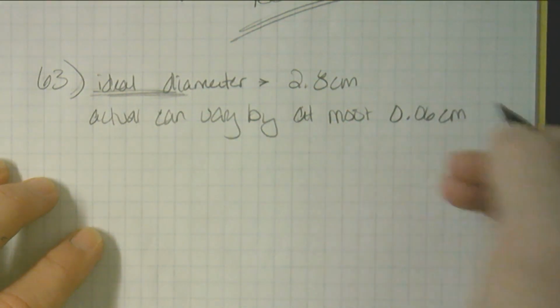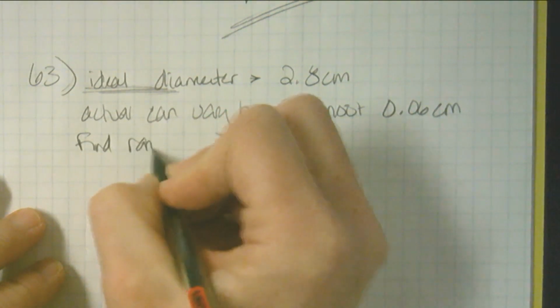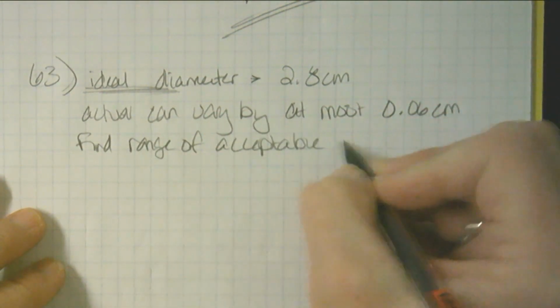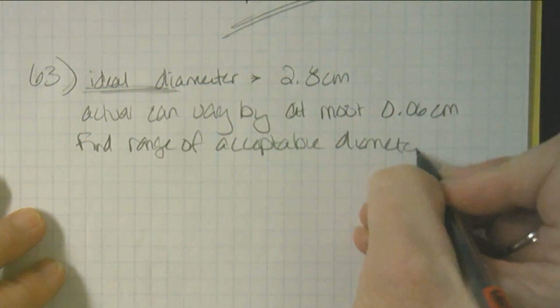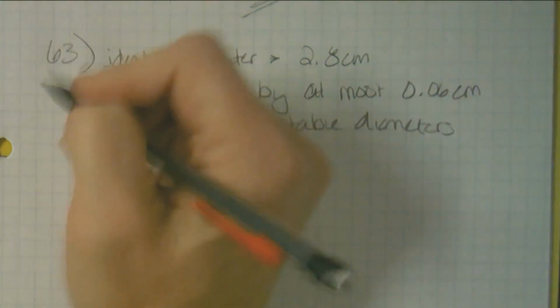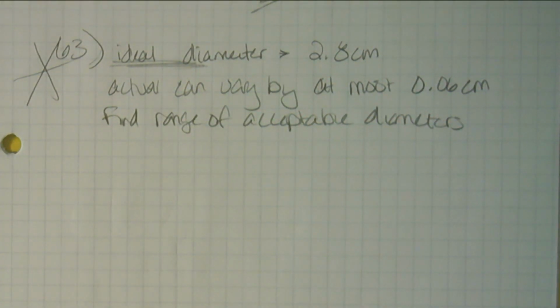0.06 centimeters. We need to find the range of acceptable diameters. You will definitely have one of these on your test. So I would put a big fat star next to that problem. If these give you trouble, you're going back and you're practicing these. This is 65.